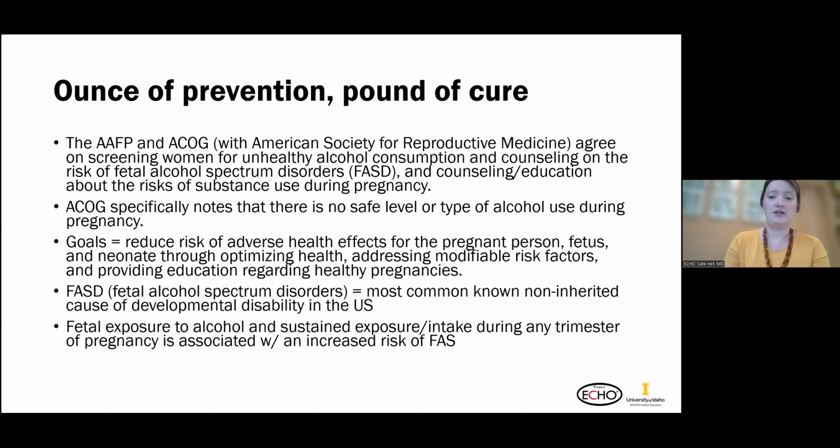And we know that certain effects or issues that will be evident later on do relate in some part to the gestational age when the exposure occurred, but we do know that there can also be effects during any trimester.